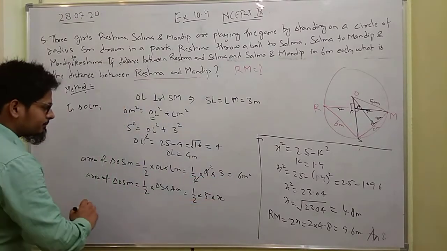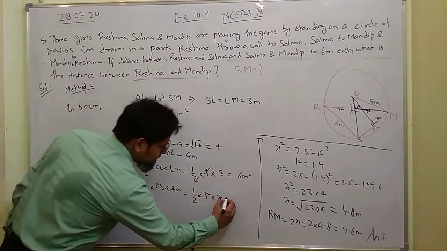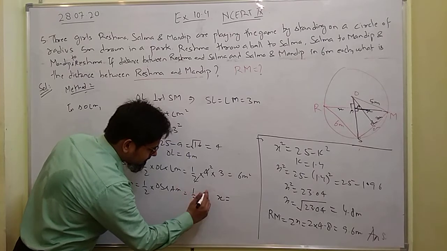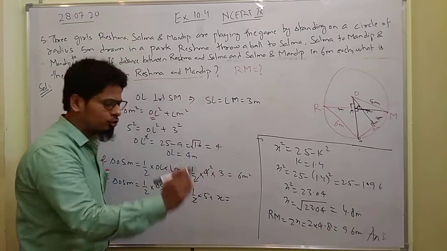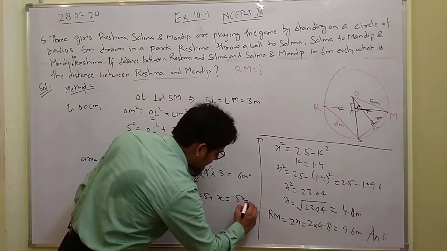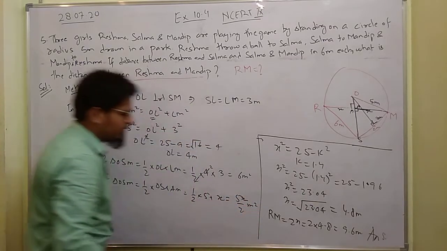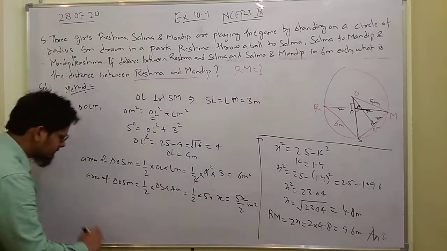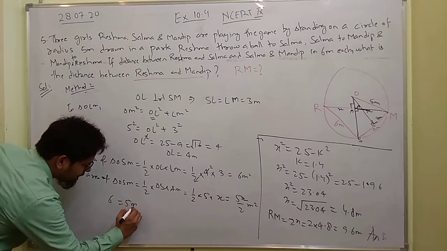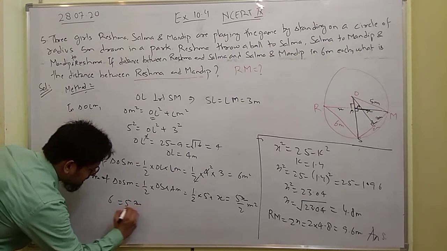So now we can say 2.5. I can also leave it like this, there is no issue, but I am not doing that actually. It is 5x by 2 meter square. Now I equate them both. 6 is equal to 5x by 2, right?